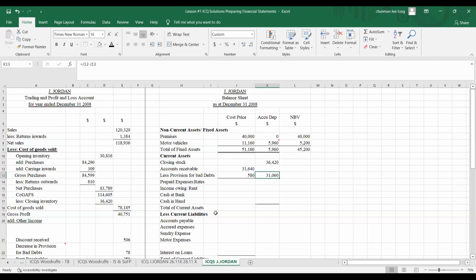In this case, we made a provision for bad debts. Debtors were, in fact, able to come and pay off their debt because we had reduced it in the gross profit. There was a decrease. That means debtors came to pay off their debt. How much did it decrease by? It went down to 580. So our final accounts receivable figure is 31,060.